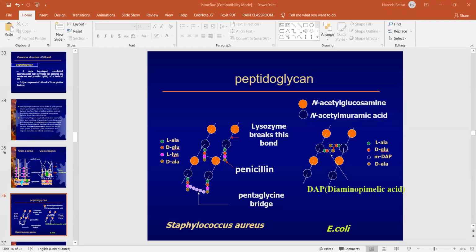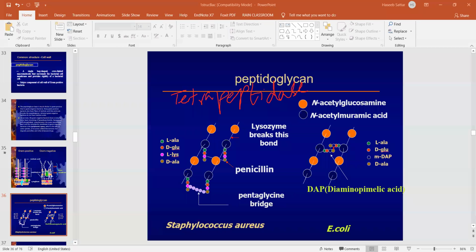So now I can explain the exact mechanism of action. The exact mechanism of action of penicillin and cephalosporin is that they block the enzyme known as transpeptidase.